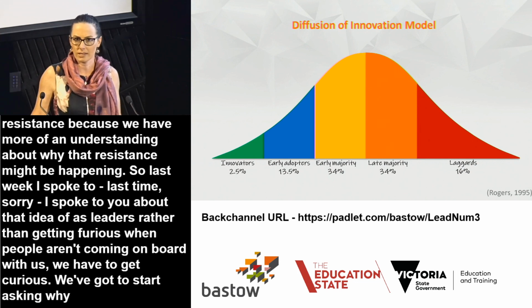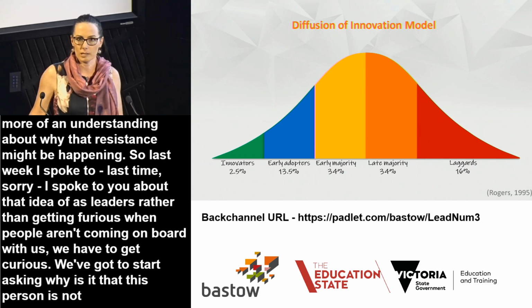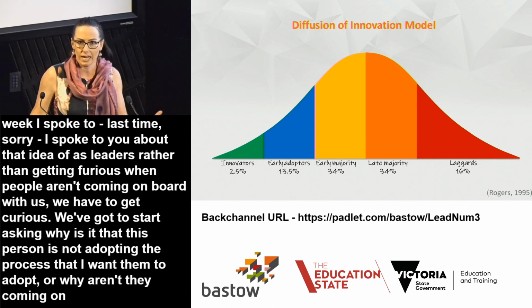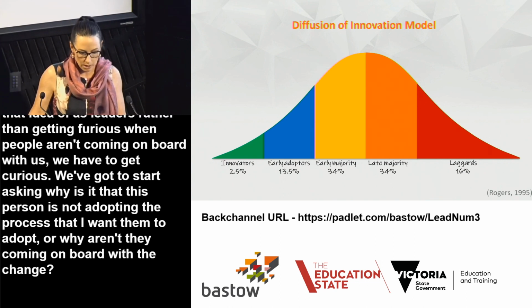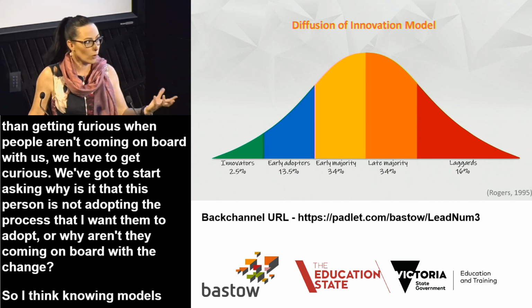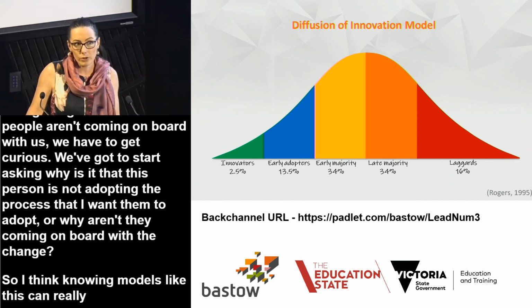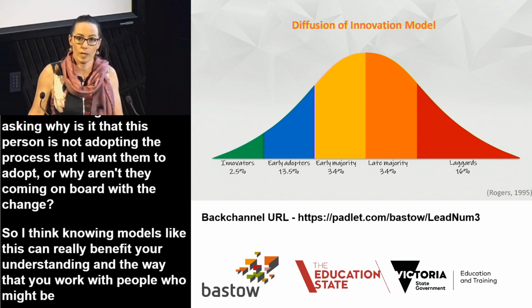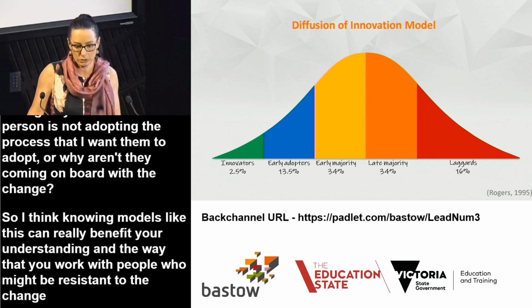We've got to start asking, why is it that this person is not adopting the process that I want them to adopt? Or why aren't they coming on board with the change? So I think knowing models like this can really benefit your understanding and the way that you work with people who might be resistant to the change.